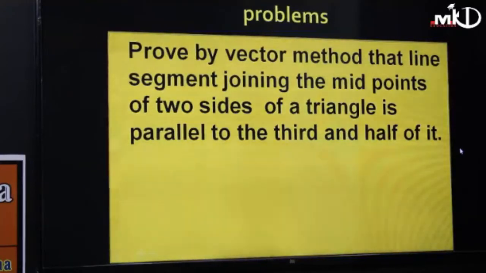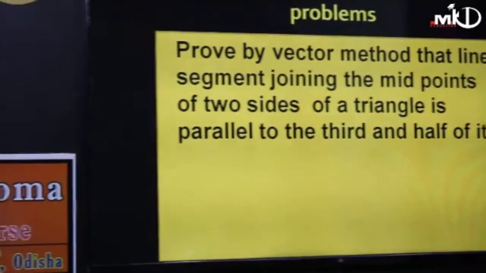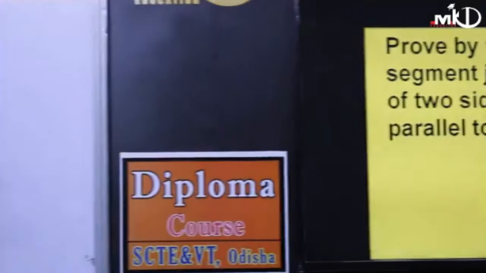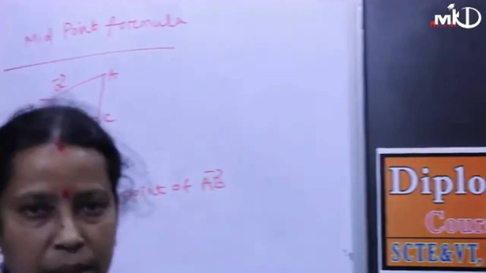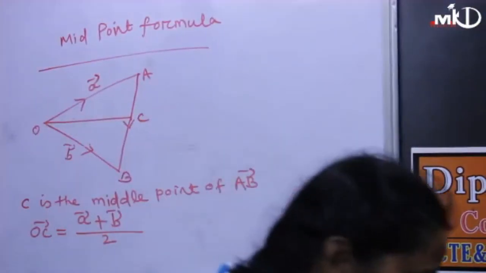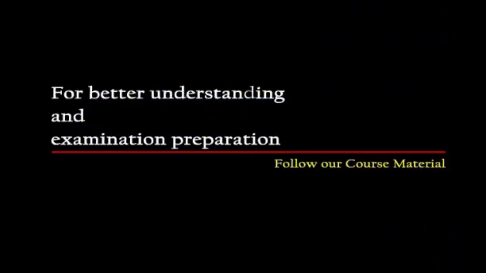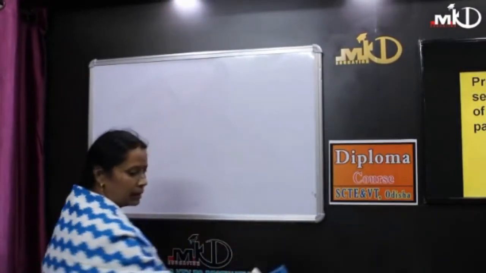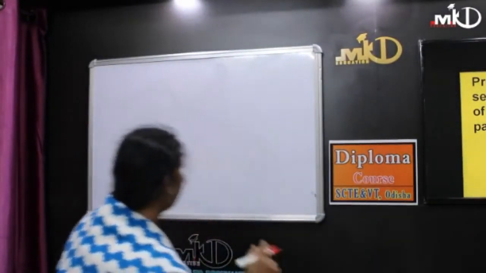Already we proved this theorem analytically. Now we find the proof by vector method. Draw the triangle and prove by vector method that it is parallel.